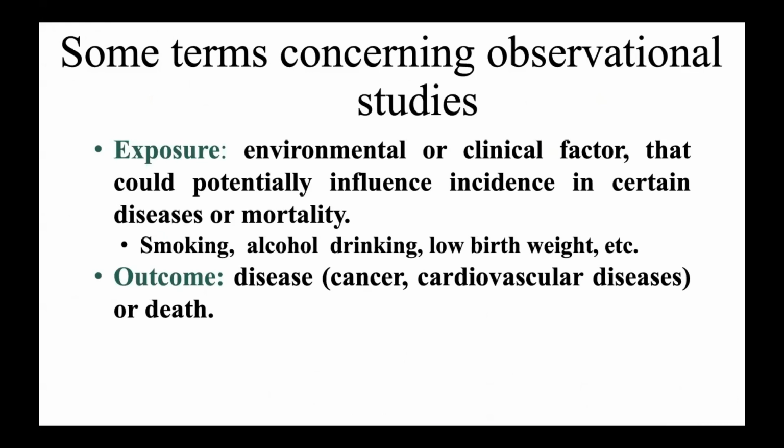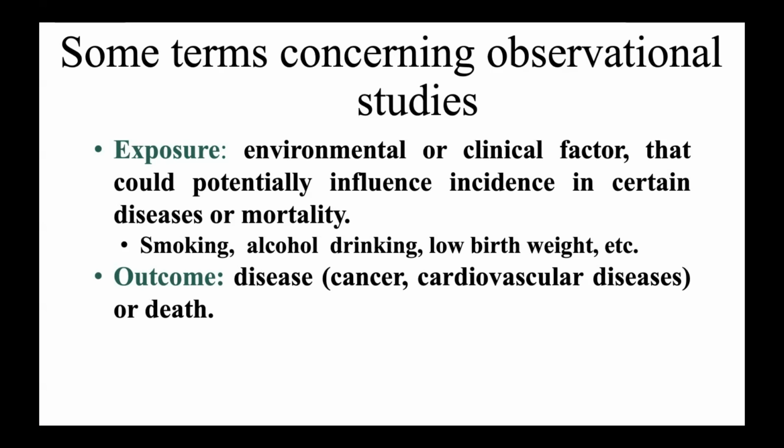that could potentially influence incidence in certain diseases, mortality, like smoking, like alcohol, like COVID, like viruses, like smoking during pregnancy that lowers birth weight. So these are the exposures. Outcome means, when smoking, you want to see cardiovascular disease.